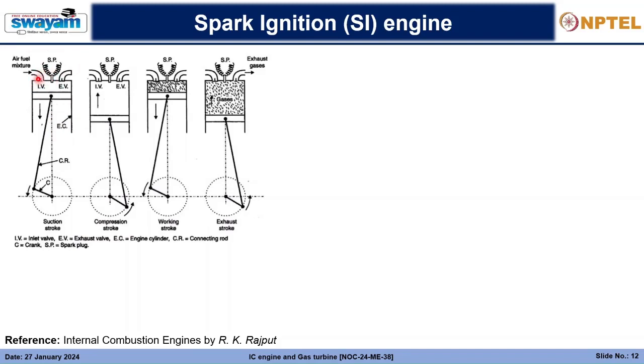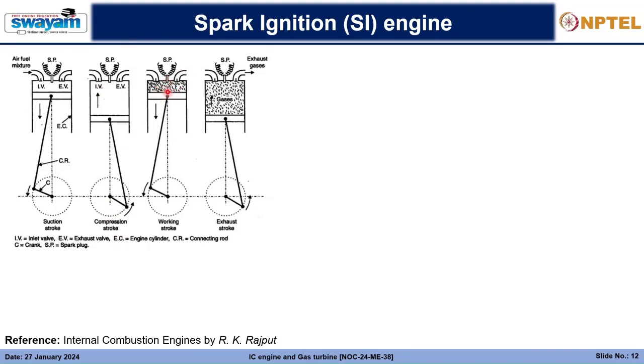When the inlet valve closes, and the exhaust valve is also closed, compression will begin, as the piston moves again from the bottom dead center to the top dead center. The volume decreases, and accordingly the pressure increases. This is compressing the whole air fuel mixture, and that is called the compression stroke.